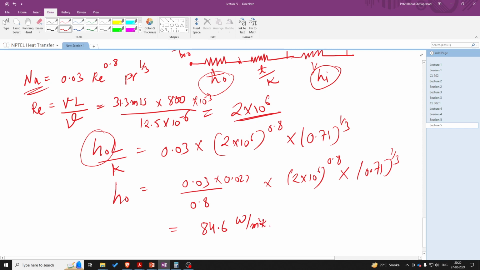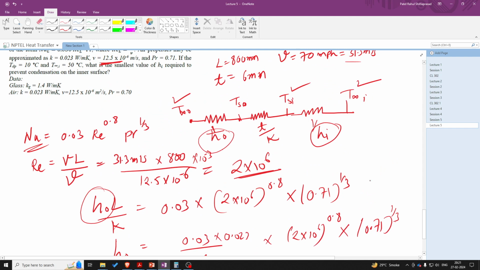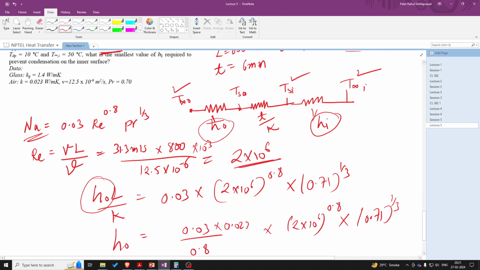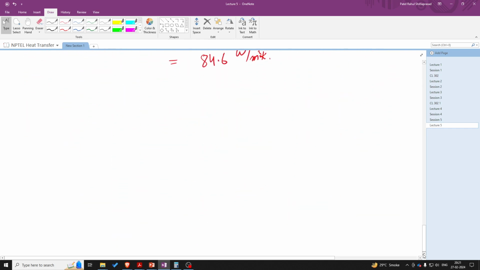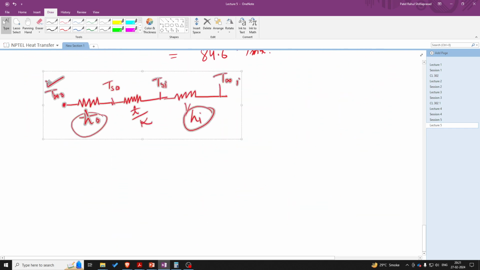So once we have this H naught, now we need to use this resistance diagram in order to find Hi. So from this diagram, we can write, so we don't have this term, but we are having this Tsi and T infinity as well.